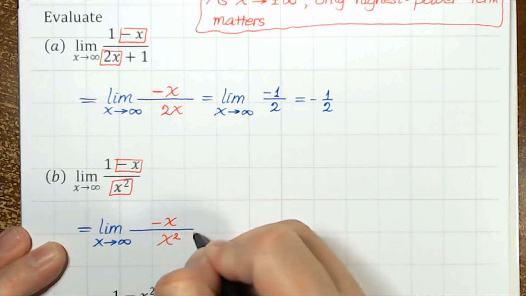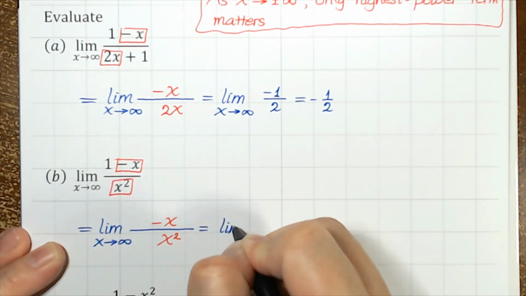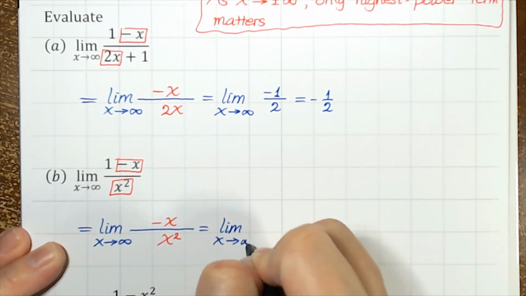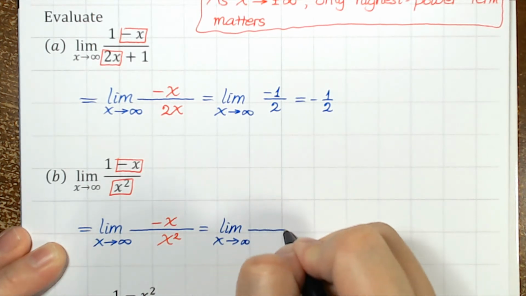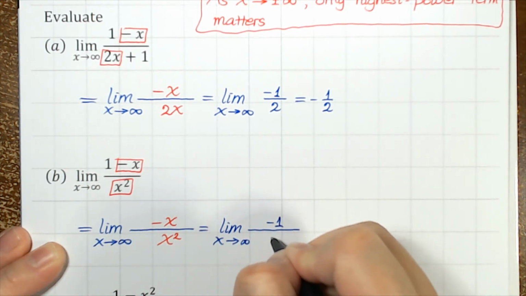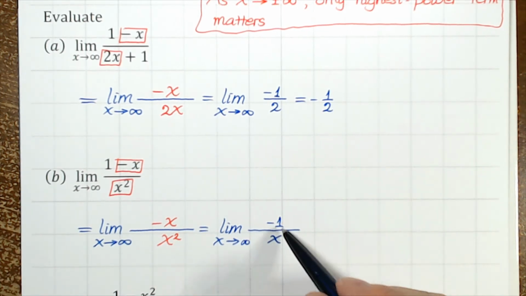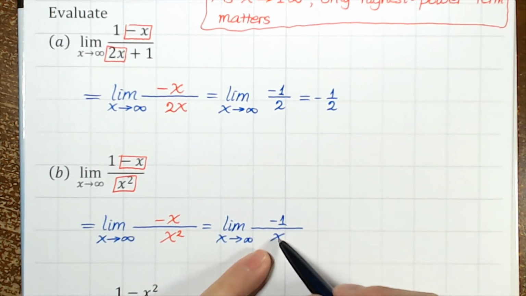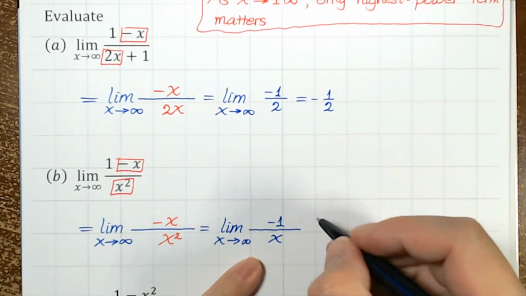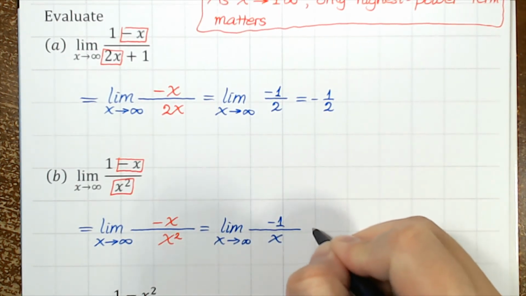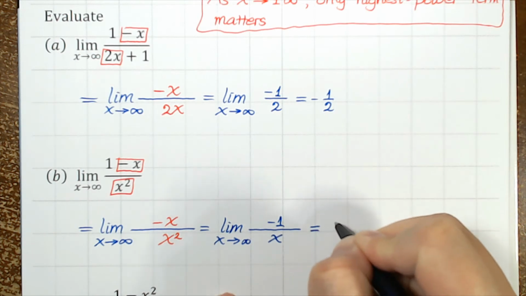Then x cancels with x squared, and we have the limit when x goes to infinity of negative 1 over x. Right. Now we have negative 1 over something that goes to infinity, and that's going to be equal to 0.